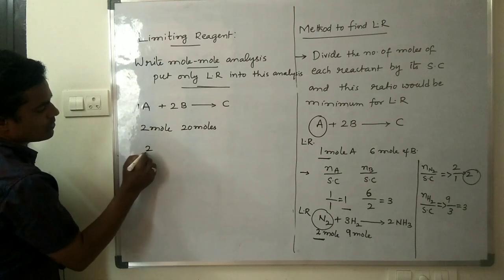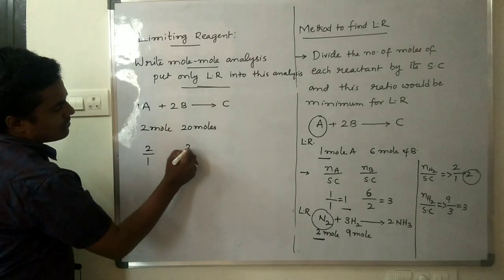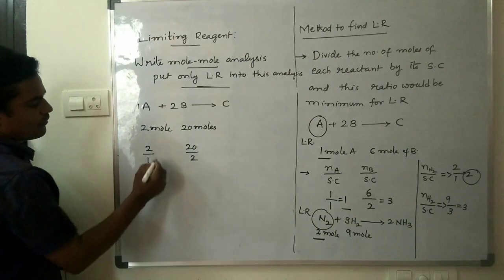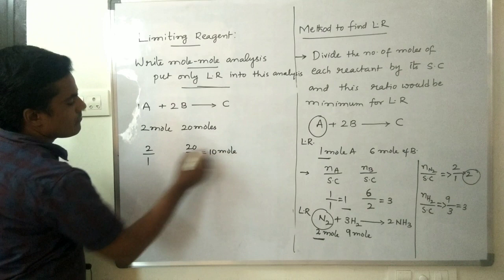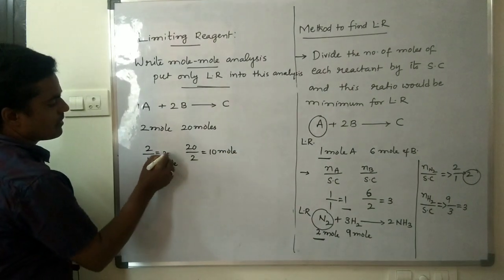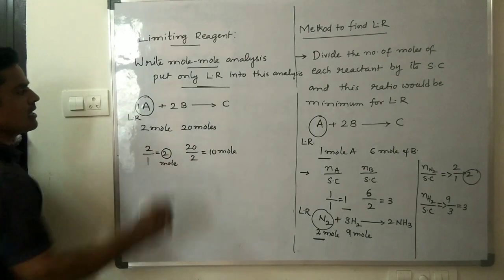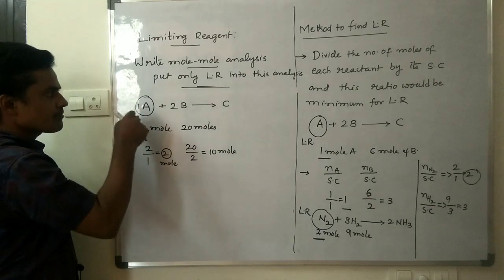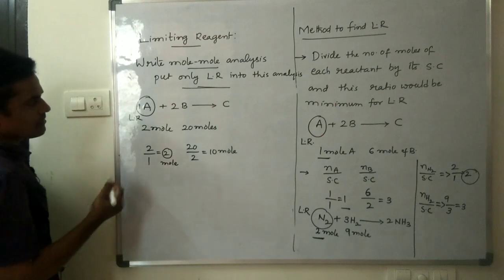Here 2 moles upon 1, the stoichiometric coefficient is 1, and B is taken in 20 moles upon its stoichiometric coefficient 2. So that is equal to 10 moles, and this is equal to 2 moles. So the minimum value is the limiting reagent. So A is the limiting reagent, and hence A limits the amount of product formed during the chemical reaction.